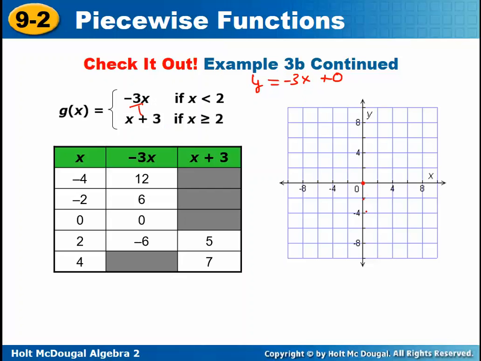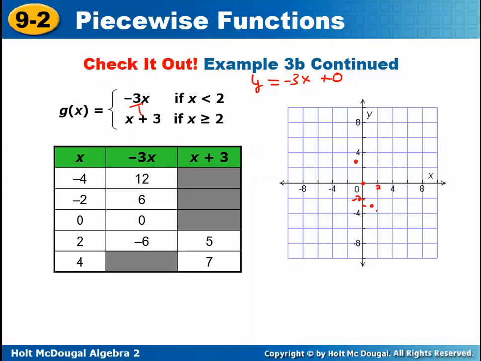So I go down 3. Oh, but these are going every 2 units. That always messes me up. So down 2 and down another, there's down 3, and then over 1. And I'm also going to go up 3 and to the left 1 so that I have more points to draw this to.